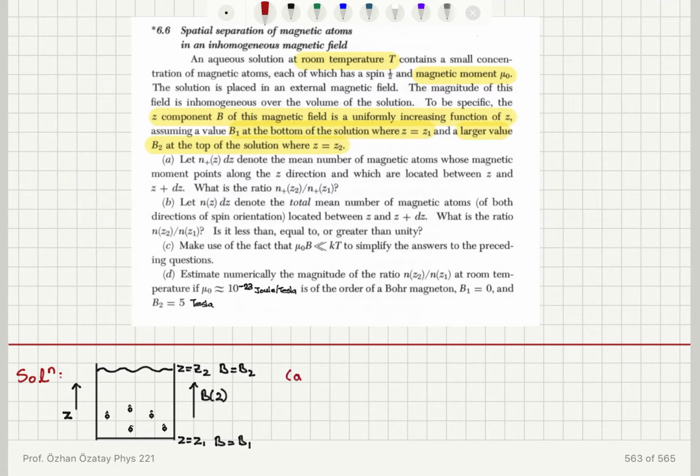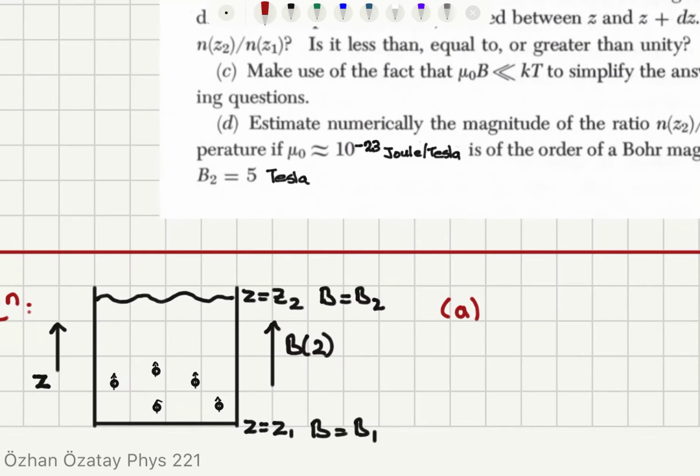Okay, so you can see here we have an aqueous solution. Between z equals z1 and z2 we have a magnetic field that is increasing linearly with distance from the bottom, and it assumes the value b1 at the bottom and b2 at the top.